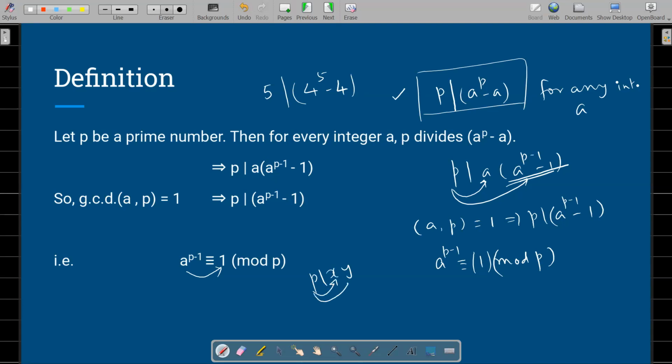So p will either divide x or p will divide y. One of them, which is not true in general for composite numbers. So it's true for prime numbers. So if GCD of a and p is 1, that means p doesn't divide a. In that case, p will divide a raised to p minus 1 minus 1. So in other words, in congruence, I can write this statement as a raised to p minus 1 is 1 mod p.